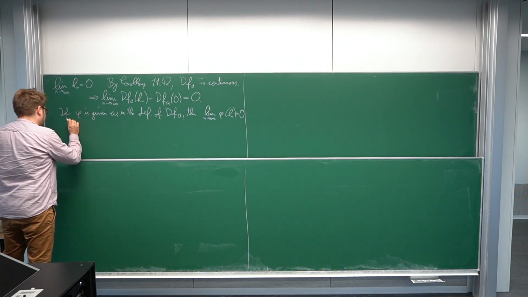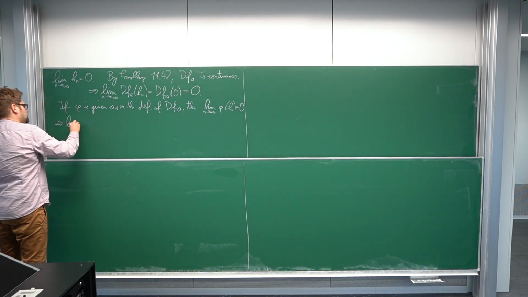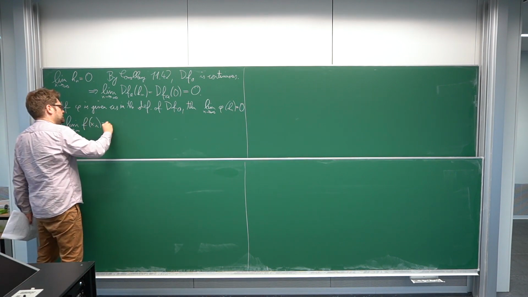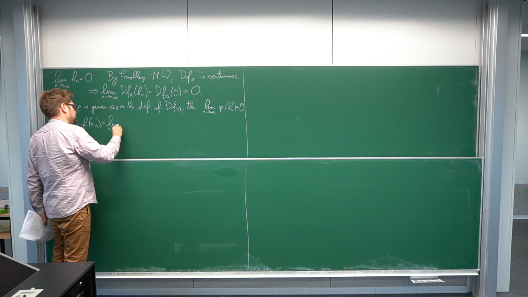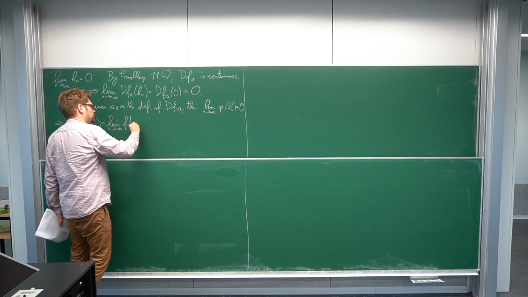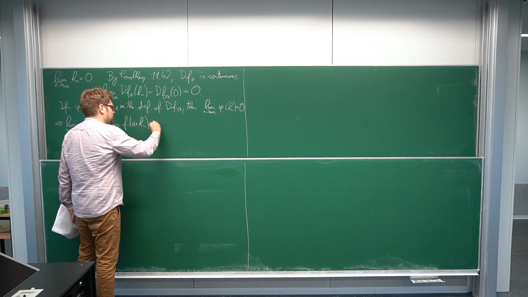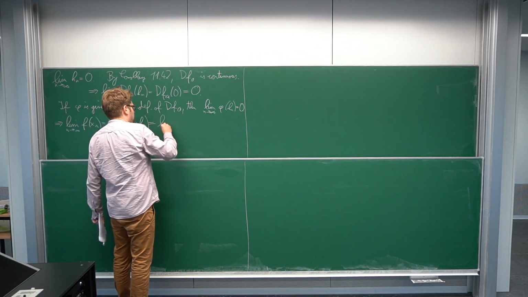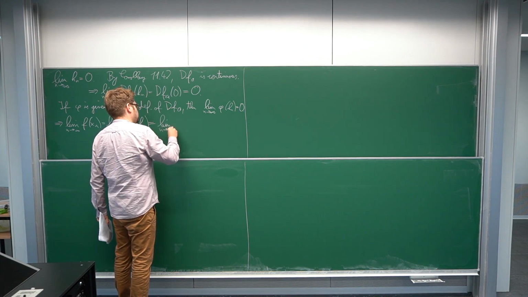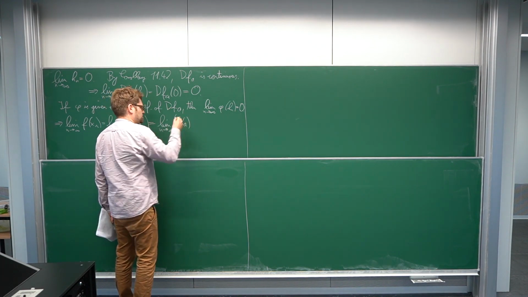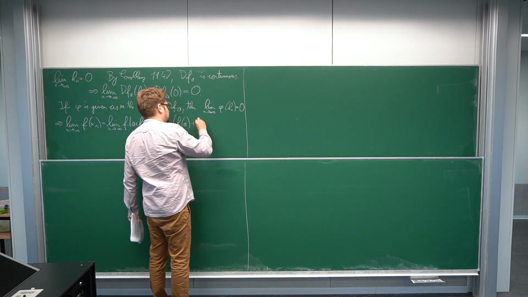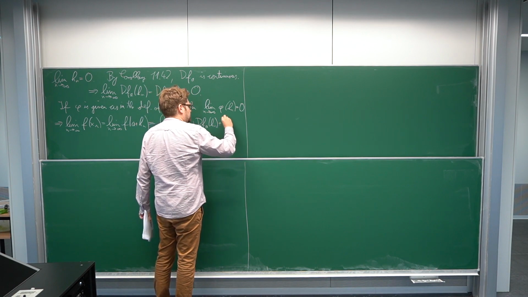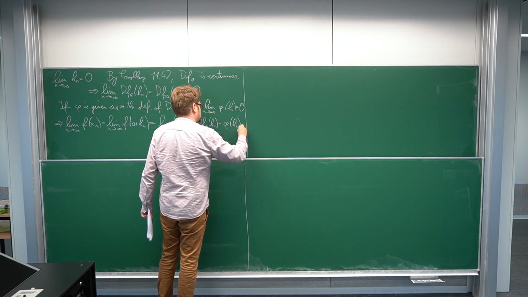So this means the limit as n goes to infinity of f of xn, this is now by definition the limit as n goes to infinity of f of a plus hn. And if we now insert the defining equation of the differential, this is the limit as n goes to infinity of f of a, which is obviously independent of n, plus dfa of hn plus phi of hn.